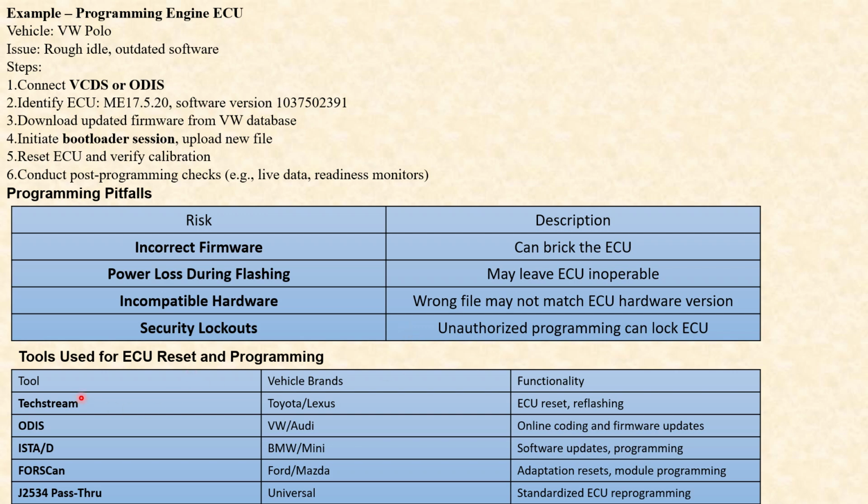And when it comes to tools used for ECU reset and programming, these are all the tools. TechStream for Toyota and Lexus is used for ECU reset and flashing. ODIS for Volkswagen and Audi, for online coding and firmware updates. ISTA-D for BMW or Mini, for software updates and programming. For Forscan, vehicle brands like Ford and Mazda, adaptation resets and module programming.